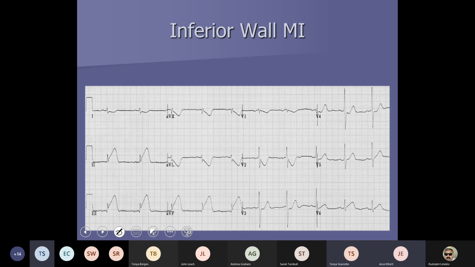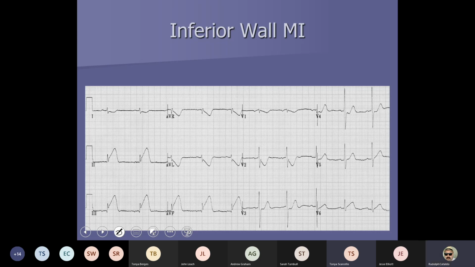Place one of the leads on the back? Nope, not the back. You're on the right track. On the right side. Opposite. Okay, so I take V4. Only lead V4. Only that sticker. Only that electrode. And I move it on the opposite side of the chest, exactly where it would be anatomically. Because I want V4 just to look at the right side.